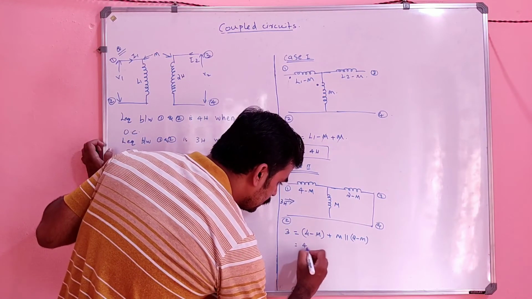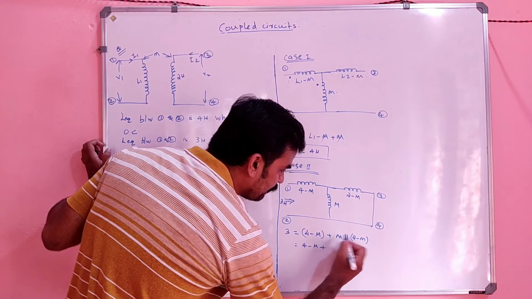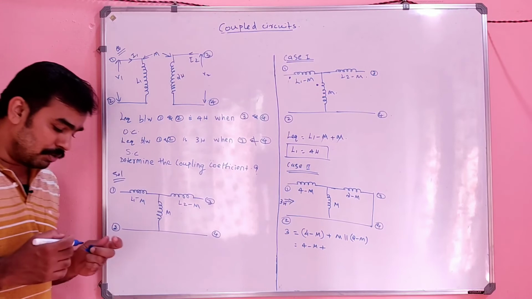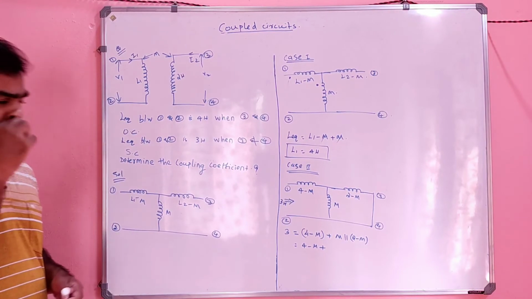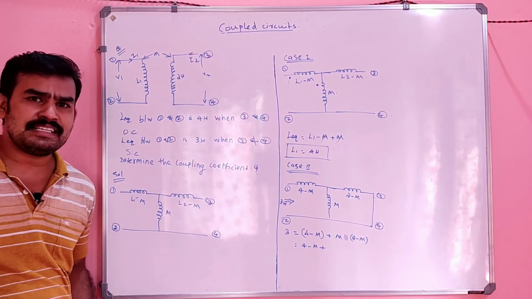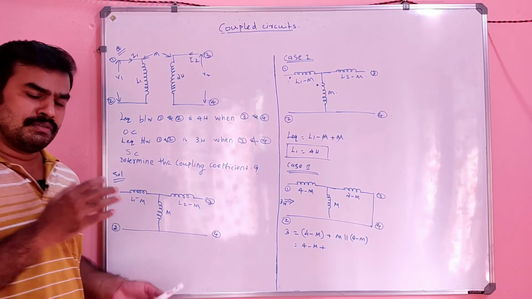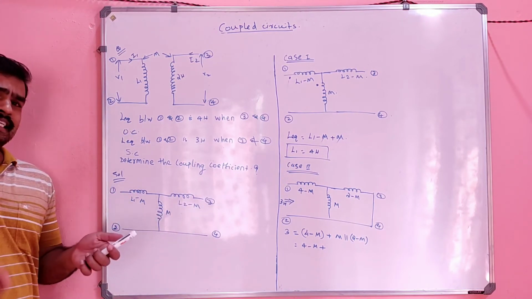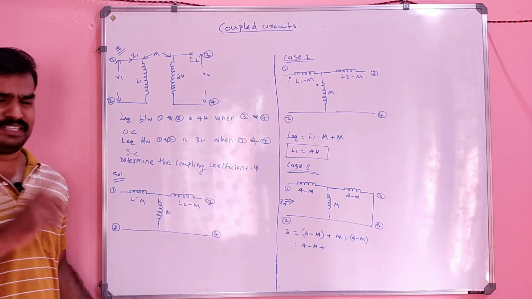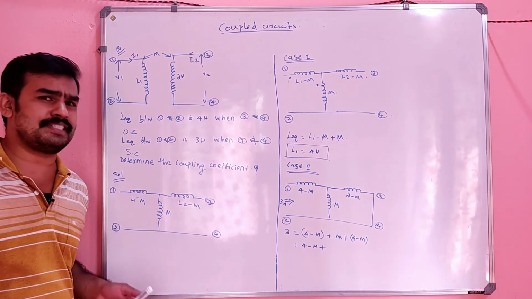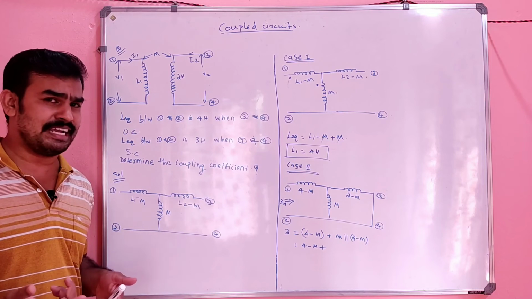You may have one more doubt: sir, can we do the operations on inductors like we do on resistors? If you want to do parallel or series conversions, should the inductor first be converted into inductive reactance, right?